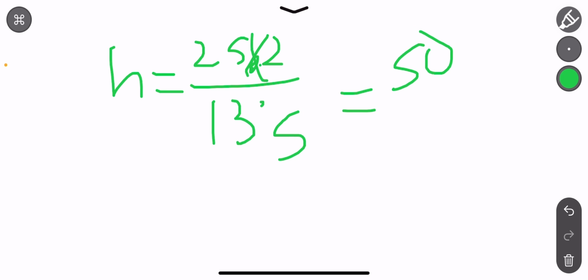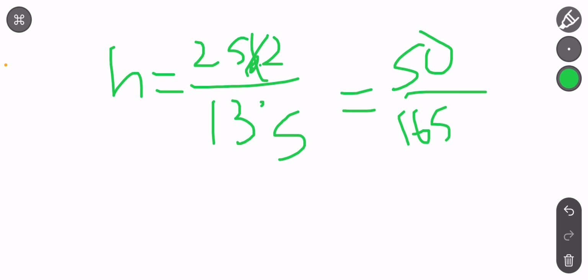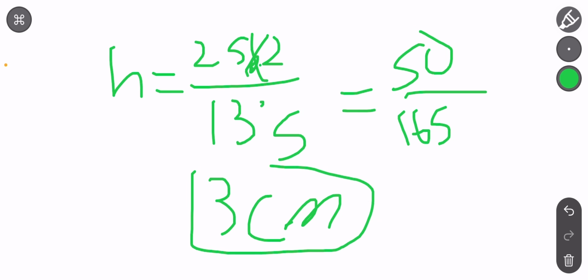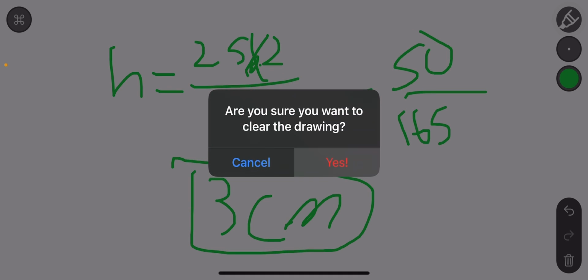Sorry, I keep saying 2. Okay, so 50 over 169. And after you get that, you're going to get 3 centimeters. This is the eventual thing you're going to get. After you get your 3 centimeters, we get to move on to the next part of the problem.